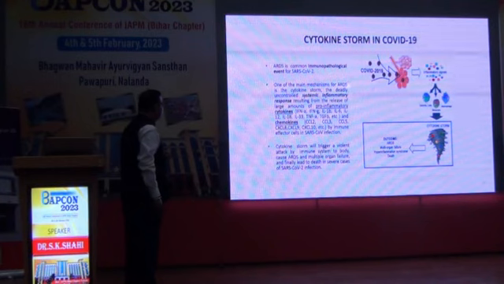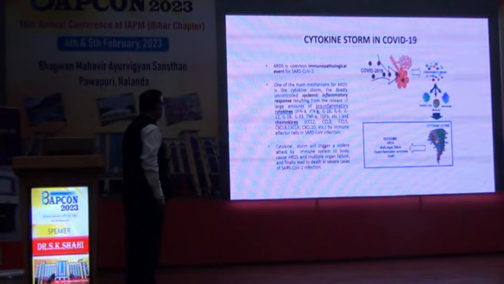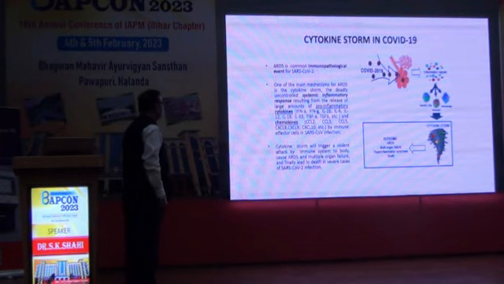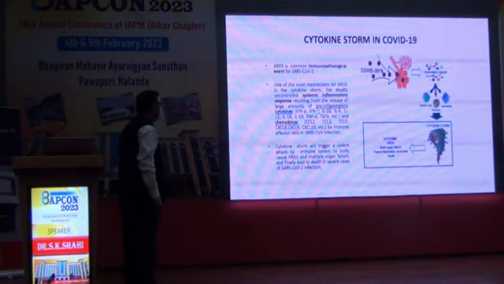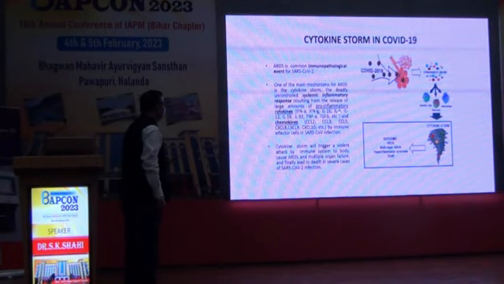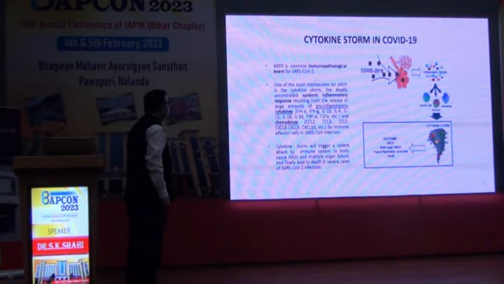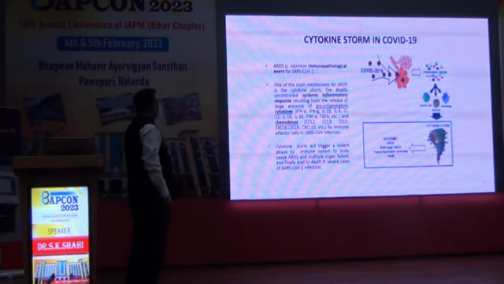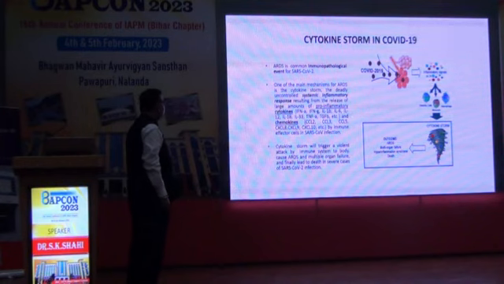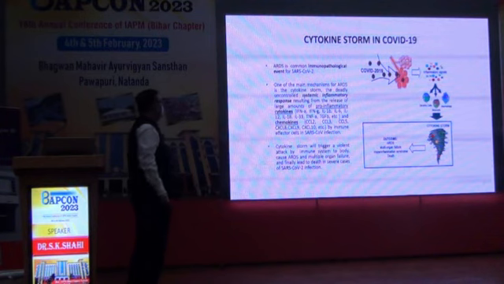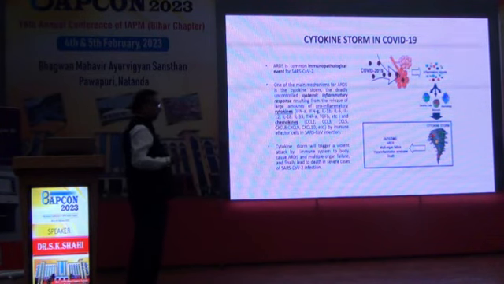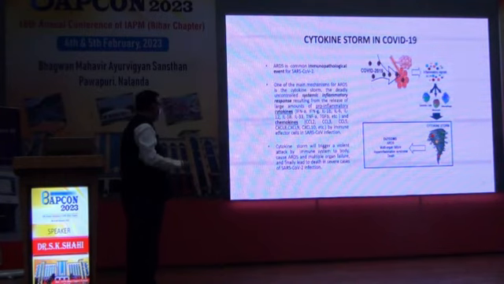It is the deadly, uncontrolled systemic inflammatory response resulting from the release of large amounts of pro-inflammatory cytokines, that is IFN-alpha, IFN-gamma, IL-1B, IL-6, IL-12, IL-18, IL-33, TNF-alpha, TGF-beta, etc., and chemokines CCL2, 3, 5, CXCL8, 9, 10, by immune effector cells in SARS-CoV infection. This storm will trigger a violent attack.